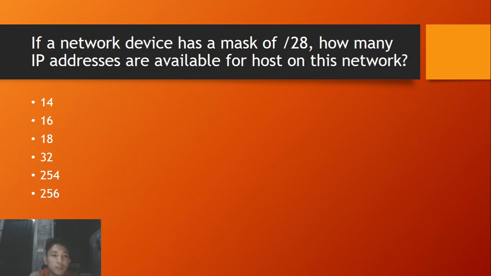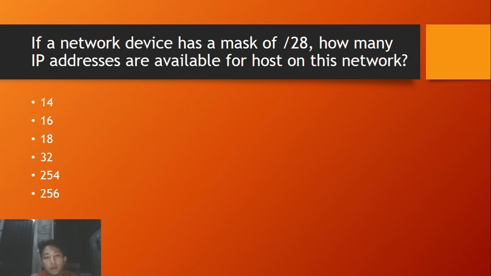So the next one is, if a network device has a mask of prefix 28, how many IP addresses are available per host on this network? The choices are 14, 16, 18, 32, 254, and 256. If we have a mask of 28, how many IP addresses? It should be 14. Why?